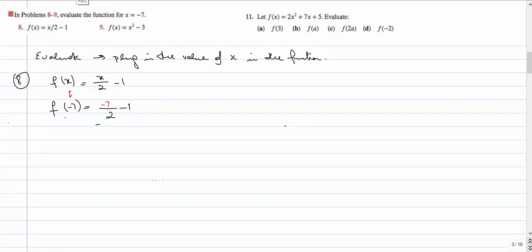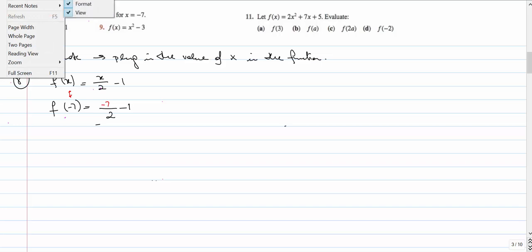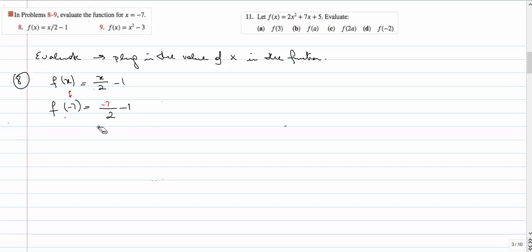Okay, so I can erase things here. Now I'm going to do some calculations. -7 over 2 minus 1. This is like an invisible 1, so I want to make my denominators the same number. That means I multiply 2 over 2. 1 times 2 is 2, 1 times 2 is 2.